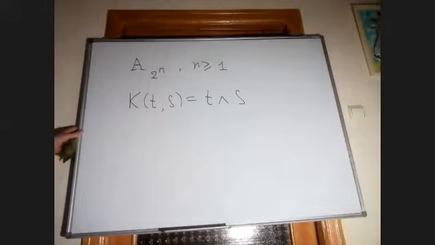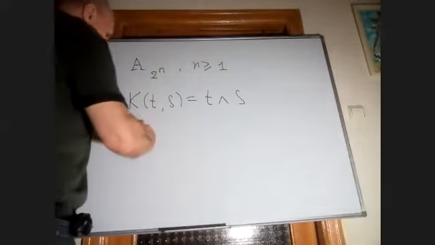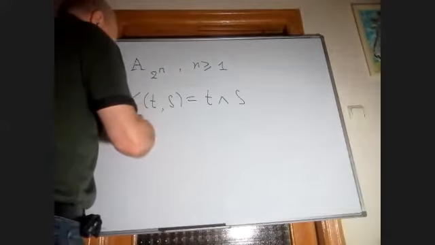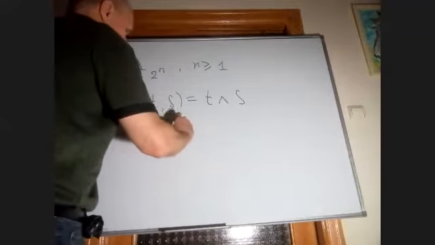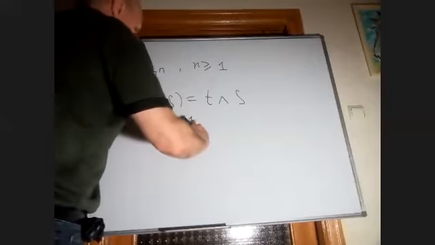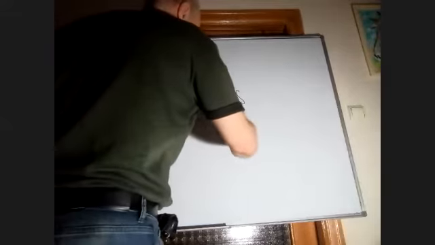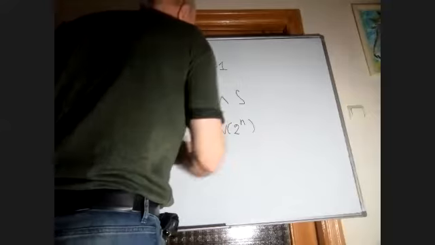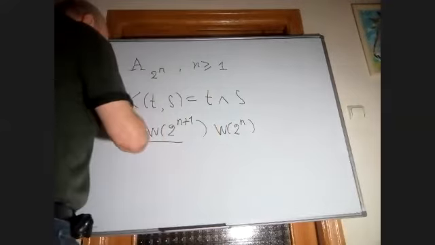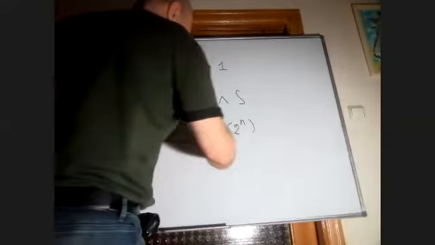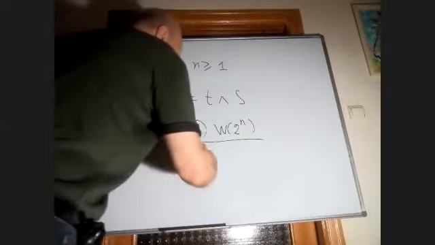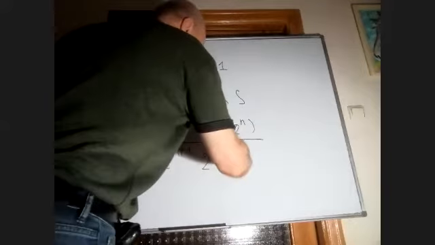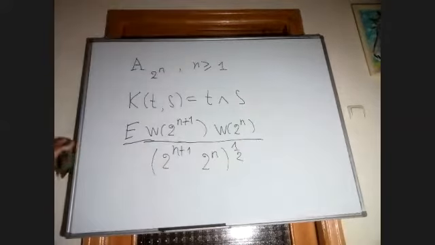So if we take, for example, W_{n+1} multiplied by W_n and take expectation and divide by the square root of the variances, I am just calculating the coefficient of correlation.